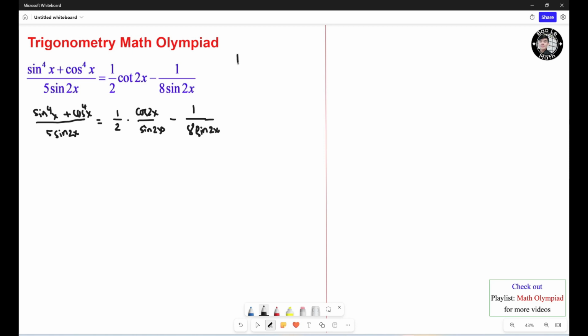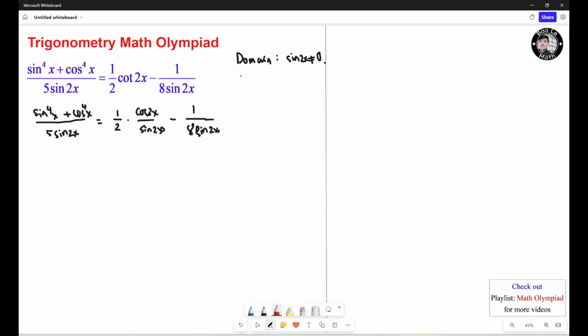Now we need to find the domain. sin 2x must be different from 0, because if it equals 0, everything here would be undefined.